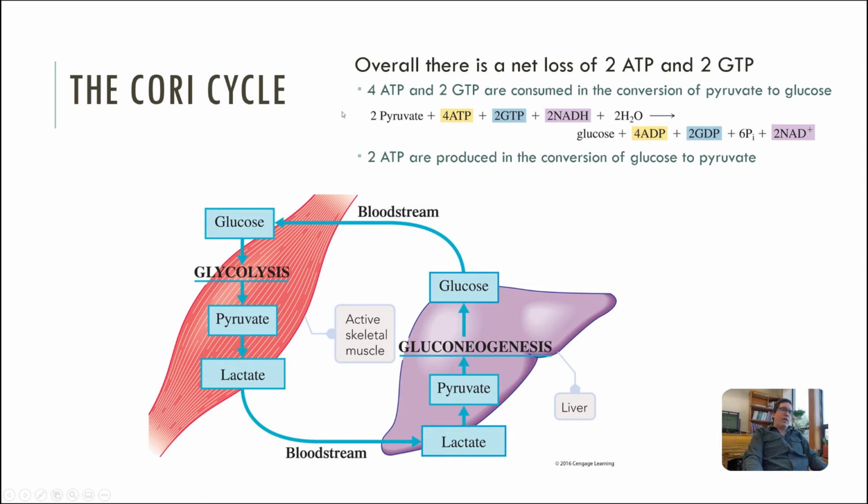So in general, we consume a total of 6 high-energy molecules, 4 ATPs and 2 GTPs. They're consumed during the conversion of pyruvate to glucose. So again, it does take some energy to make this happen. The overall reaction is pyruvate plus 4 ATP plus 2 GTP and some reduced NADH, making glucose, ADP, our lower energy molecules, 6 inorganic phosphate molecules, and our oxidized NAD.